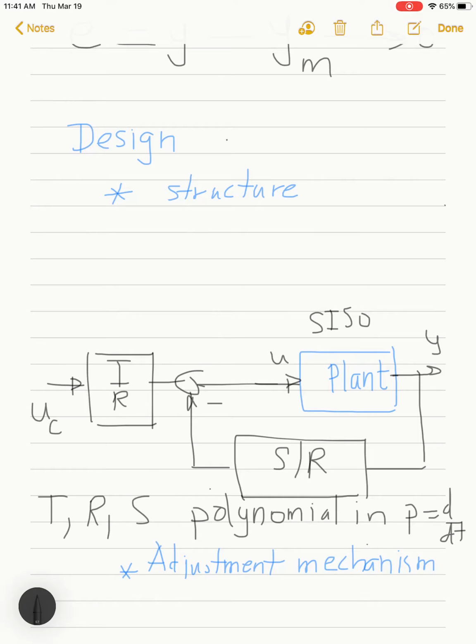So if you like to write an expression for U, I would write U equals T over R times UC minus S over R times Y. Now, the problem is to design T, R, and S such that the relation between Y and UC would be similar to the relation between the desired output and the set point UC for the reference model.